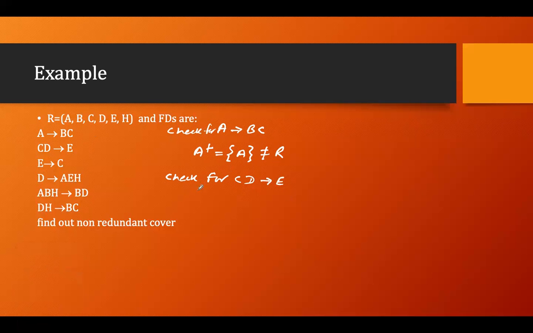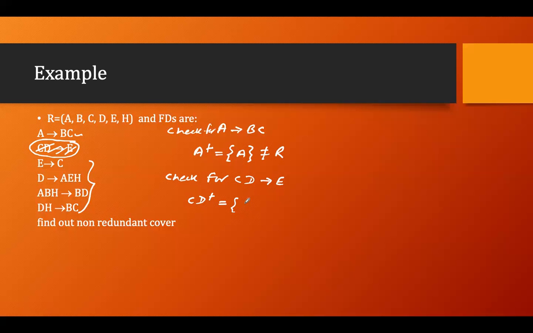Now, while doing it, we have to find out CD closure without using this functional dependency. So what are we assuming? We are assuming that this functional dependency doesn't exist. These are the functional dependencies which exist, this one, and the rest of the functional dependencies which exist. Now we have to find out CD closure.